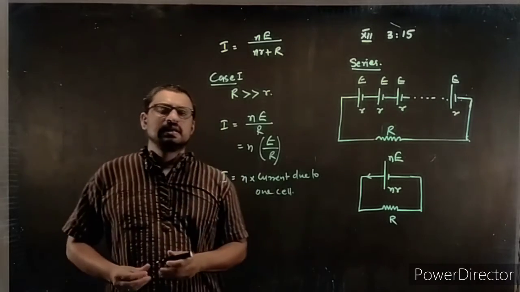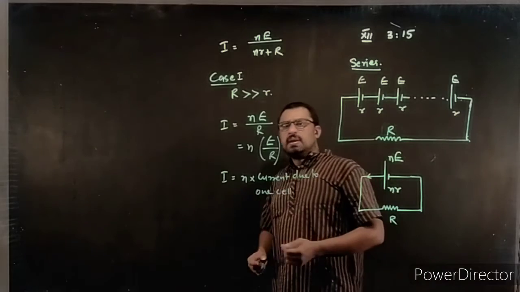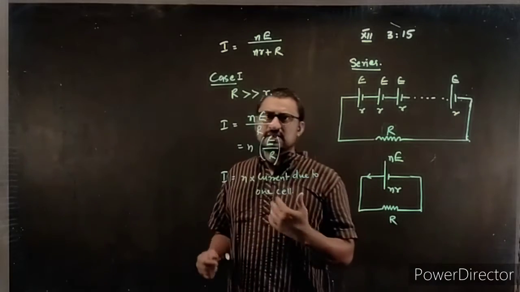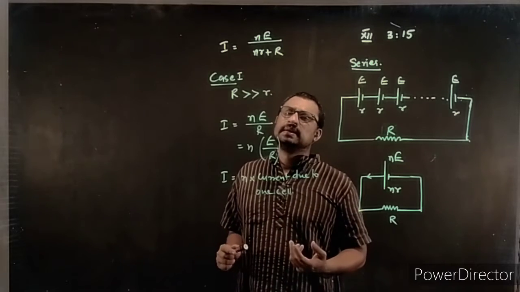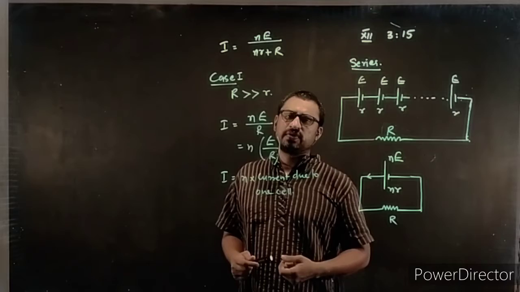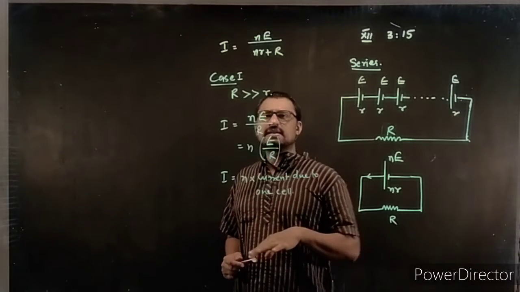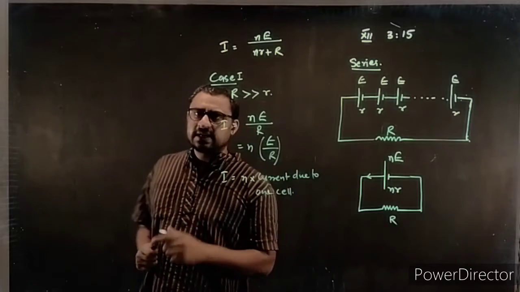The intensity of the current is increased by connecting more cells in series. So you have to opt for series combination of cells to increase the intensity of current when the external resistance is much greater than the internal resistance. That's case 1.